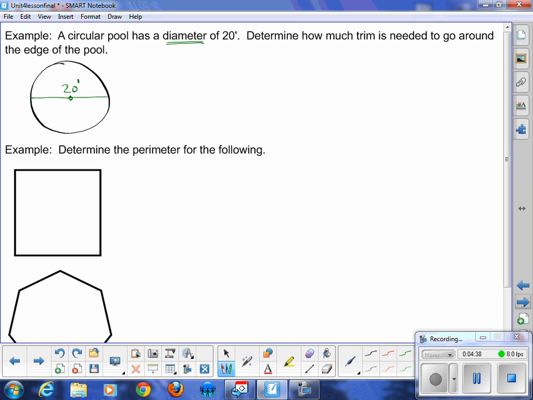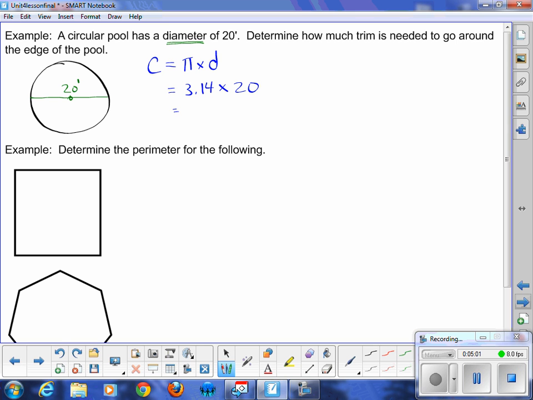To calculate the distance around the outside of the pool, we have two formulas to choose from. You know the diameter, you know d, so we need to pick the correct formula. So pi times diameter. 3.14 times 20. And now let's just calculate our work from this point on.